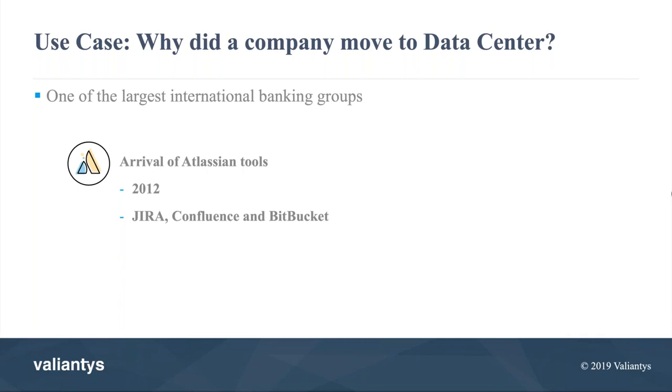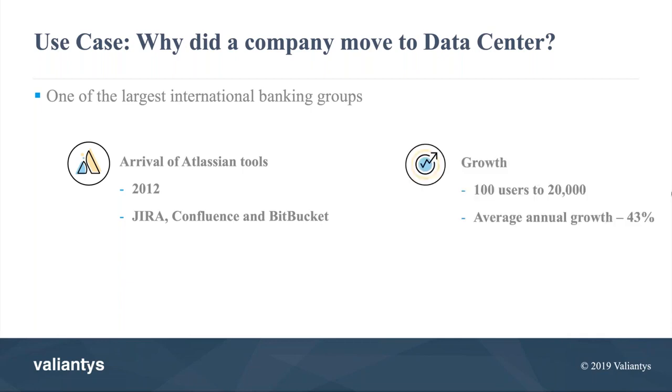And that's actually not that long ago, but you can imagine, assuming that they've invested and are using this tool in the right way, they're going to grow. And in fact, they grew from 100 users to 20,000 users in that time to now. That's about an average annual growth of 43%.